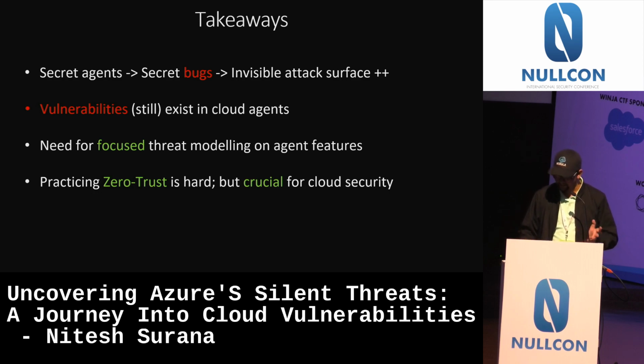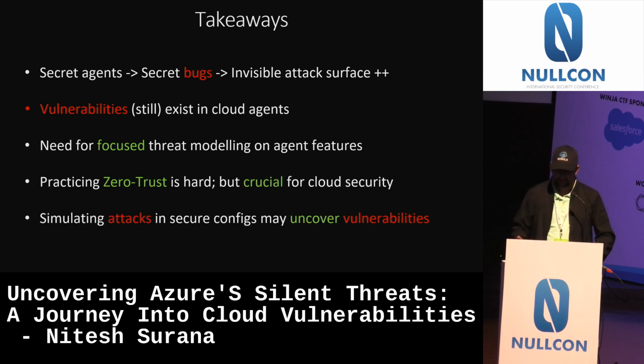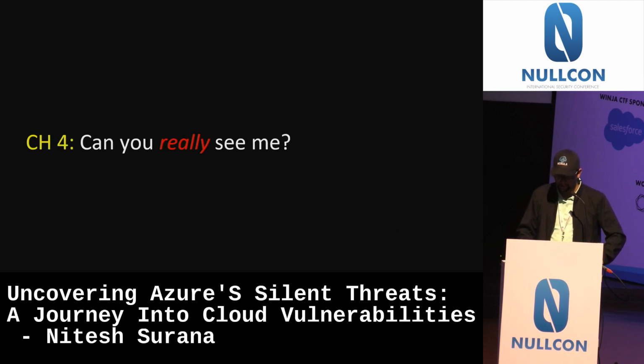Deploying training environments in VNets is a recommendation from Microsoft, and this was the edge case that we found. If you follow the documentation of securely deploying your training environments, you would be using VNets, and you would have been vulnerable to this kind of scenario. And obviously, simulating attacks in such secure configurations may uncover vulnerabilities in the service itself.